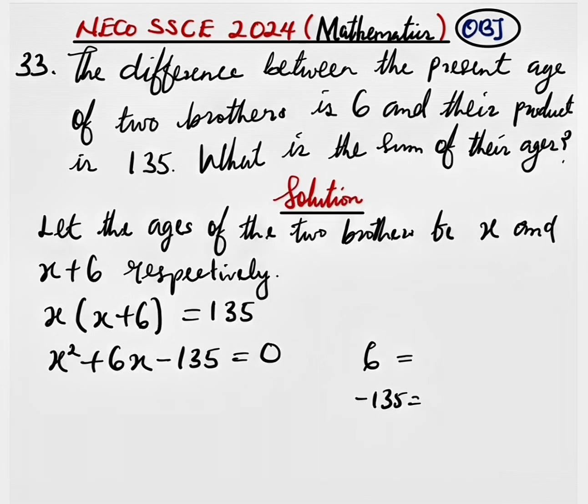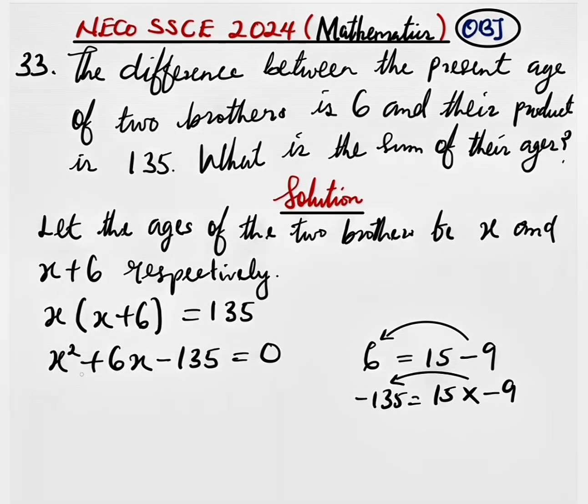Then we look for two terms such that their product will give us negative 135 and their sum will give us 6. And the two terms are positive 15 and negative 9. 15 minus 9 gives 6. And also 15 multiplied by negative 9 gives negative 135.